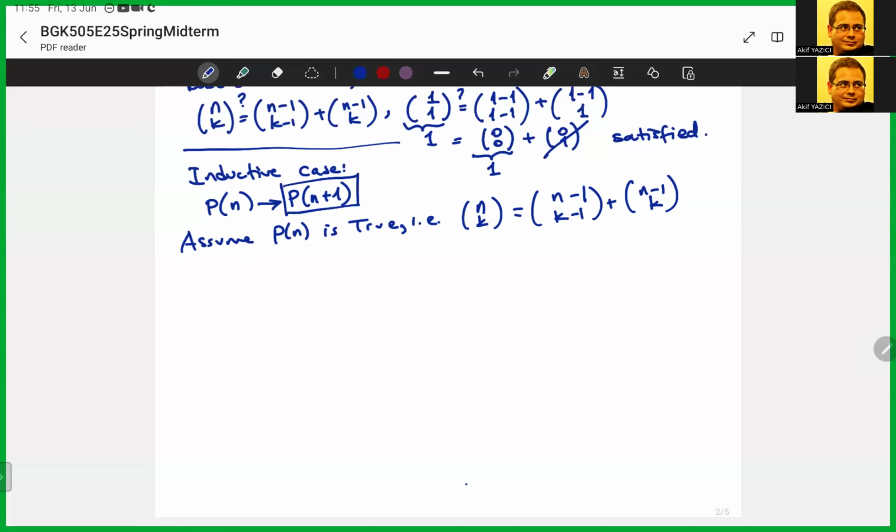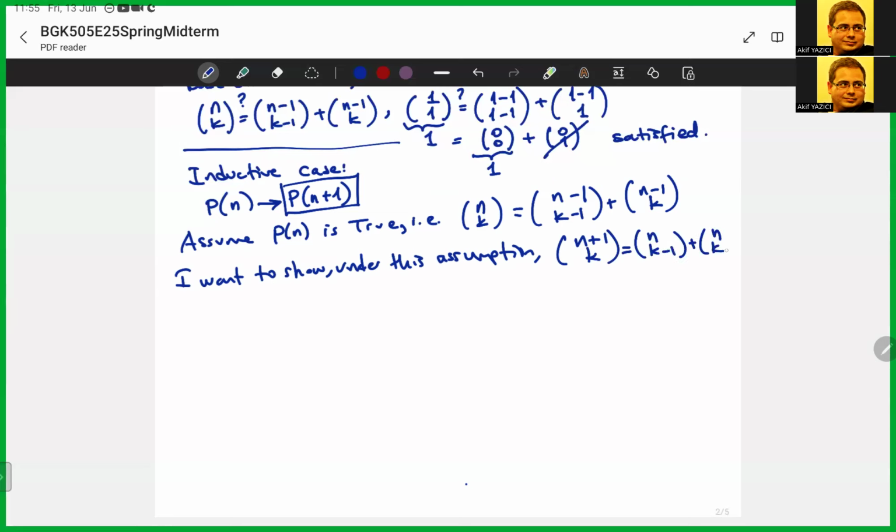So I want to show, under this assumption, that n plus 1 choose k is equal to n choose k minus 1 plus n choose k.